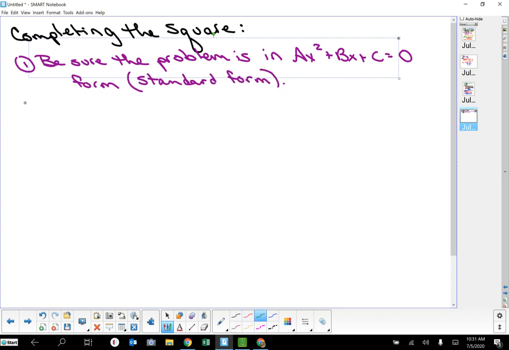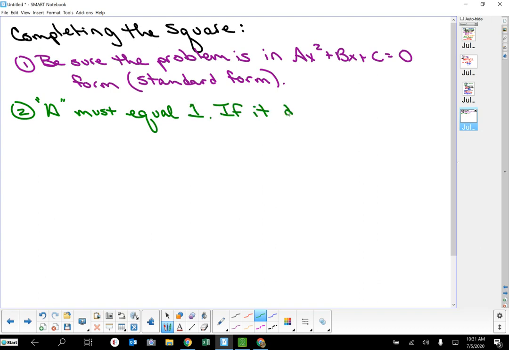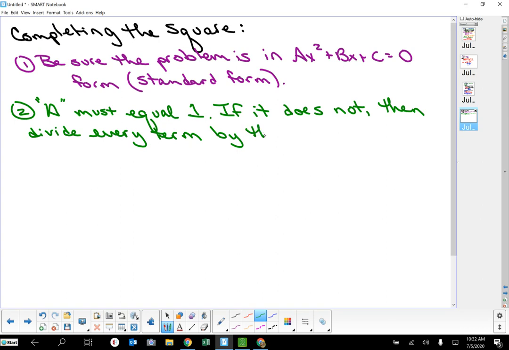Okay, that's got to be step 1. Number 2, the a must equal 1. So if it doesn't, then divide every term by the a value and simplify or reduce.